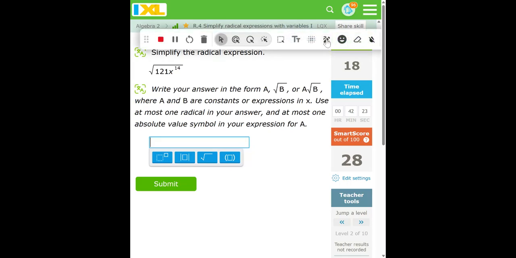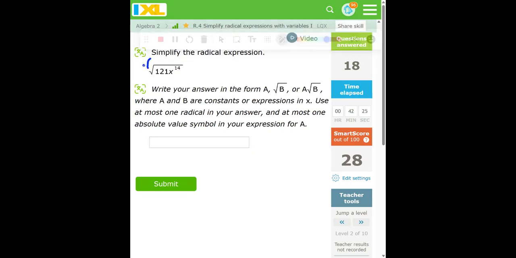Next one, I do the same thing. This is a square root, so this is even, all right? So for the answer, make sure you have the absolute value sign. Now square root of a number and then square root of x. So I can break it down: square root of 121 and square root of x to the power of 14.